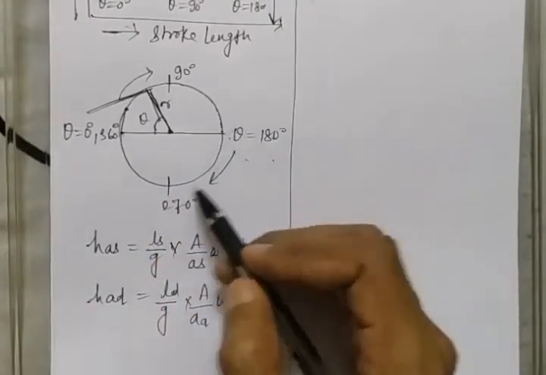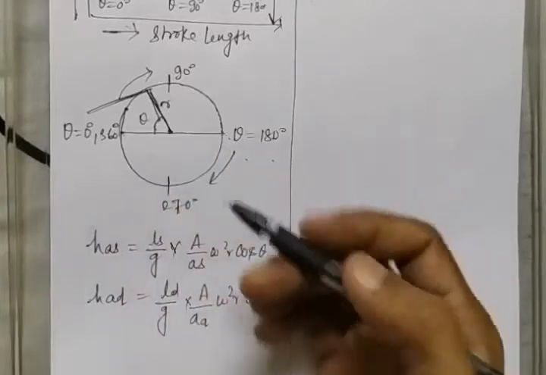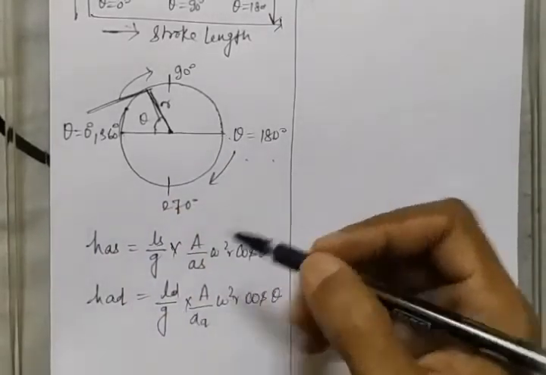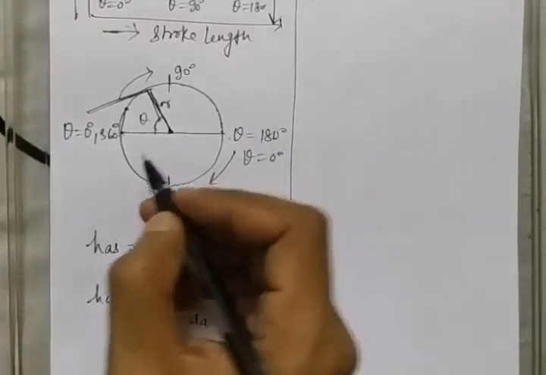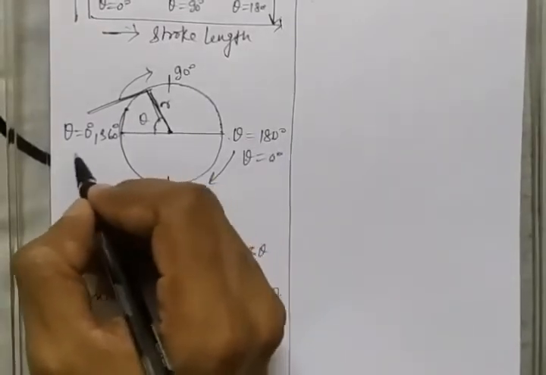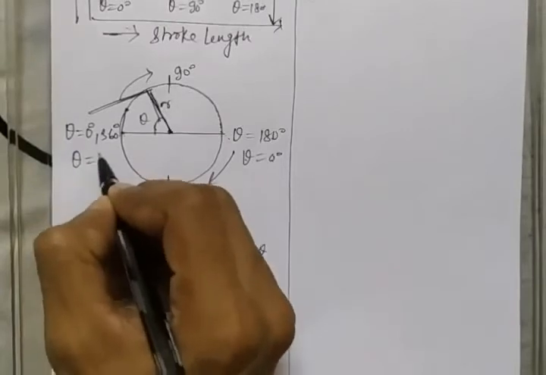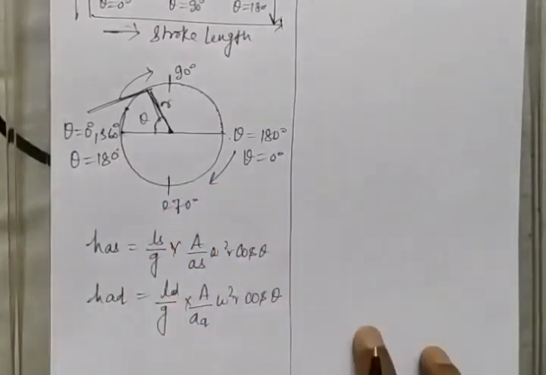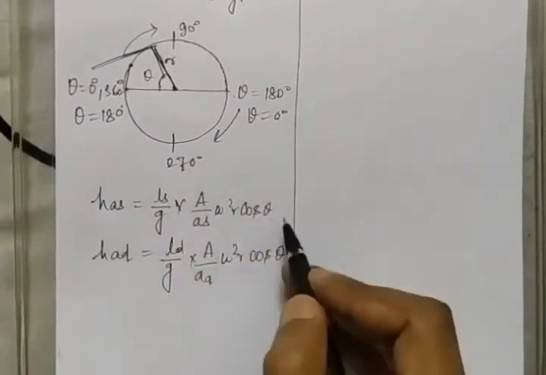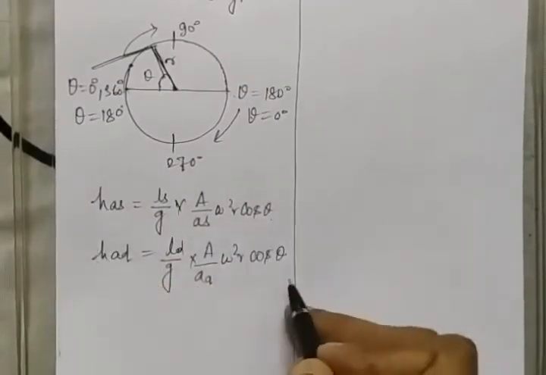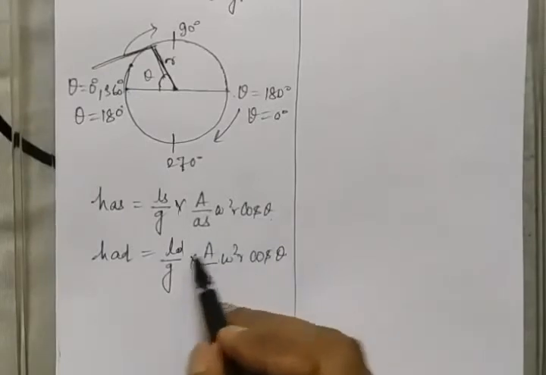I have just written it, just don't take it that way. For delivery theta will be 0 here, and for the end of the delivery theta will be 180 degree here. So guys, if you put theta is equal to 0, we are talking about delivery, so the whole value will be positive.